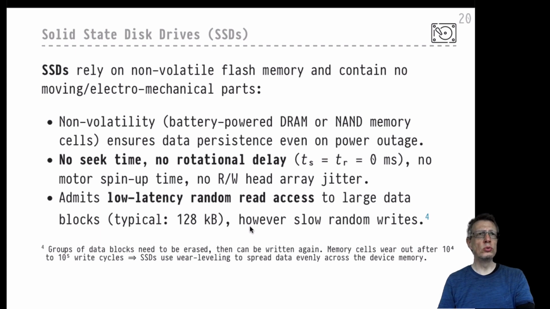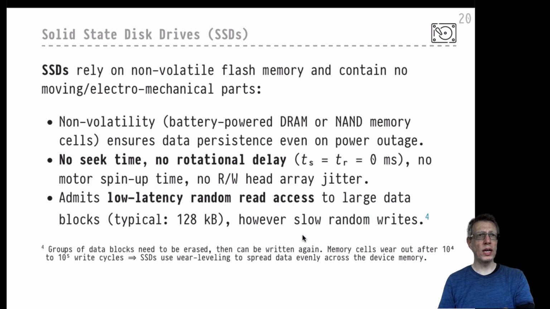It's not all good news, however. Random writes, for example, are much slower in such SSDs. This has a particular reason that we will not dive into in this particular course. Groups of blocks have to be erased before they can be rewritten again and so on. You can look up the details about the internals of such SSDs if you're interested in that.